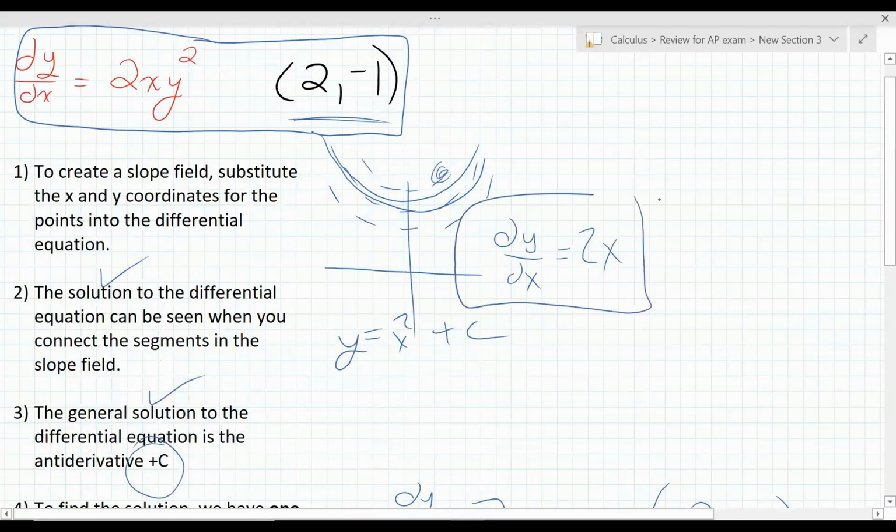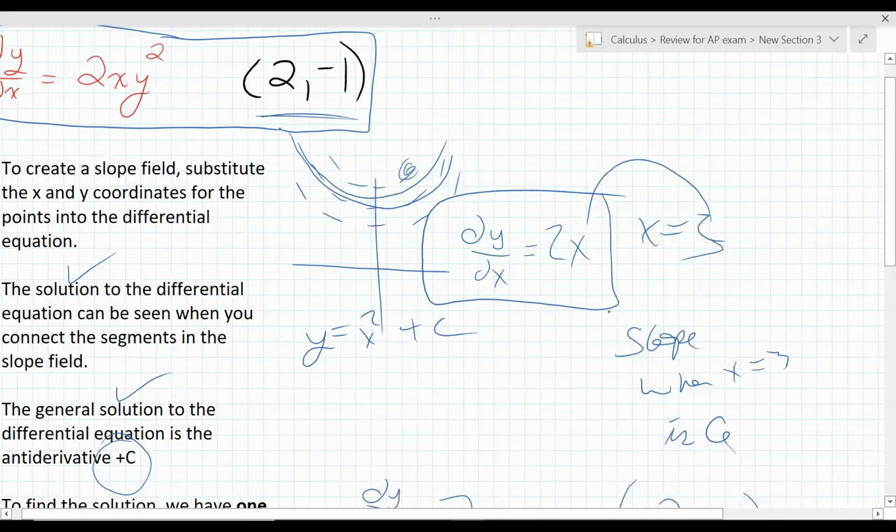So this is the slope at every point. If you said here x equals 2, let's not say 2, 3, then that says the slope when x equals 3 is, plug in 3, 6.